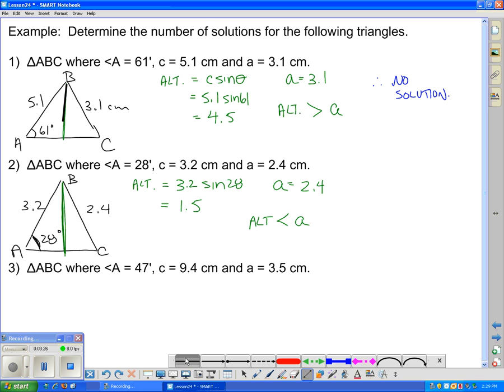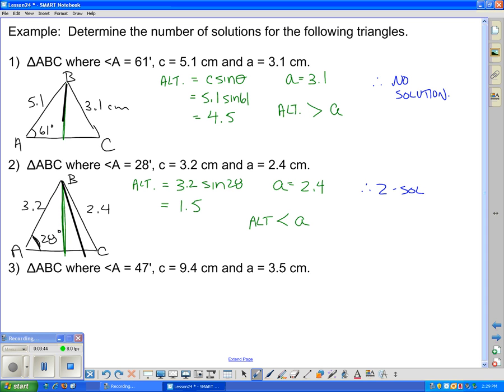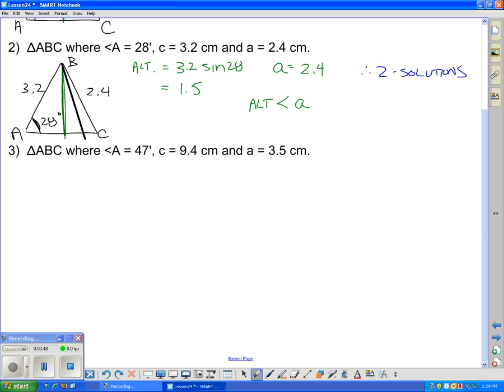Well, it means that if this is my altitude, my A value is actually longer. So it swings back and forth like a pendulum, crosses here, crosses here. So I actually end up with two solutions. So there are two different triangles possible.